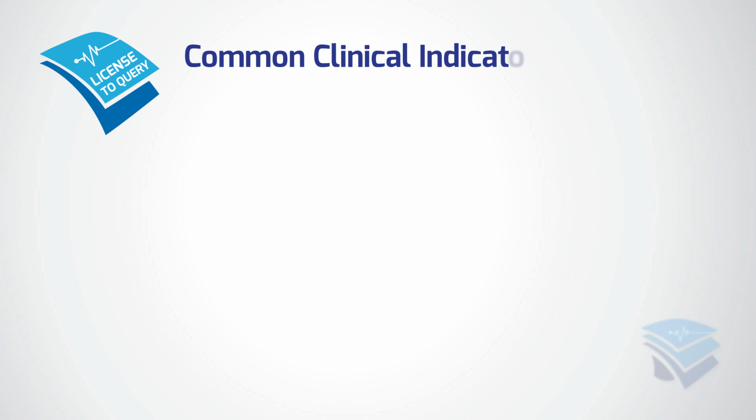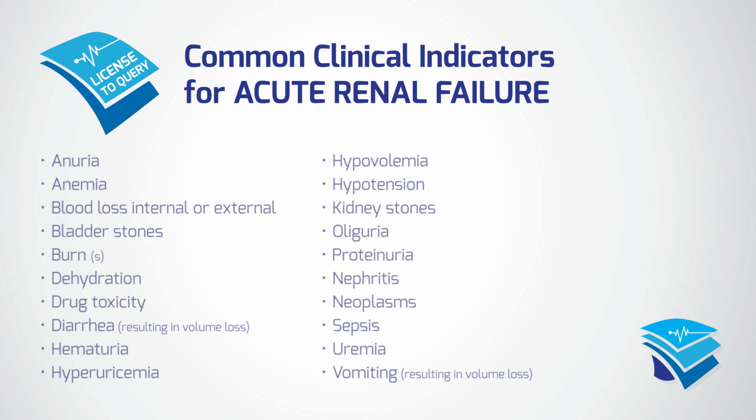Common clinical indicators for acute renal failure include anuria, anemia, blood loss, internal or external, bladder stones, burns, dehydration, drug toxicity, diarrhea resulting in volume loss, hematuria, hyperuricemia, hypovolemia, hypotension, kidney stones, oliguria, proteinuria, nephritis, neoplasms, sepsis, uremia, and vomiting resulting in volume loss.